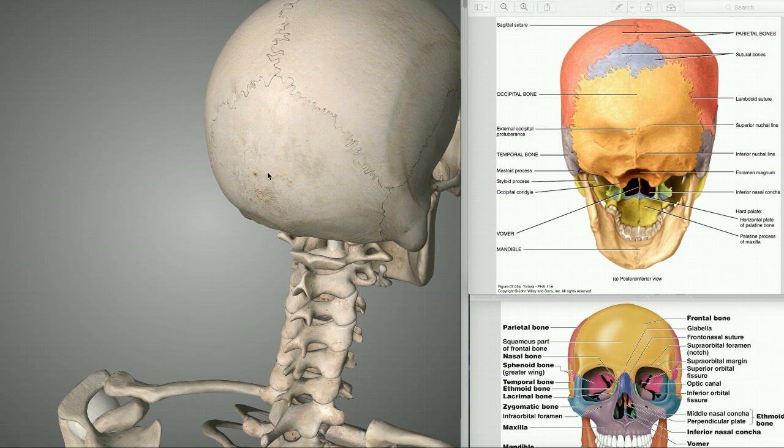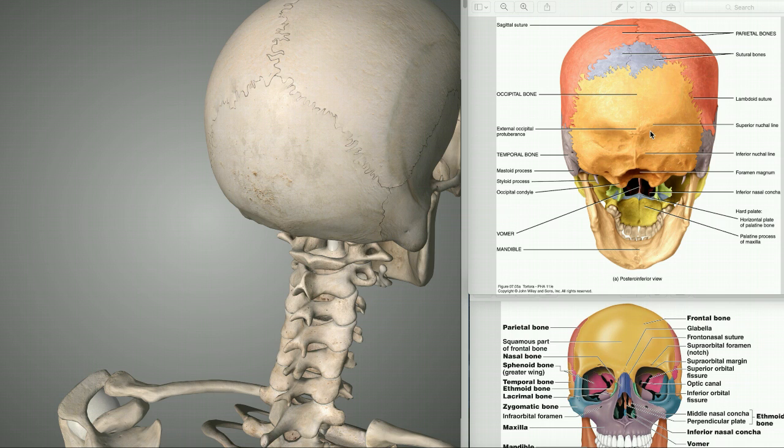And you have here what is known as a supranuchal line, which is not clearly shown in this 3D view, but if you ever get around to buying a 3D skull, which is always good to invest in, or you're in an anatomy lab at whatever medical school or university you go to, you can always hold a skull and check the back of it, and what you have is these little bumpy areas, the first one being the superior nuchal line.